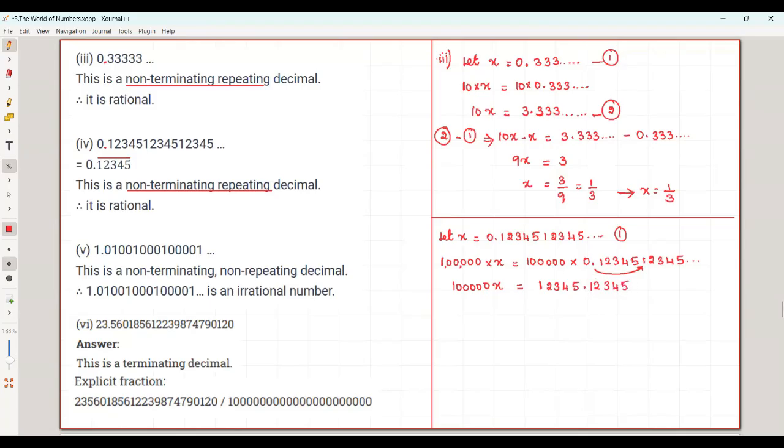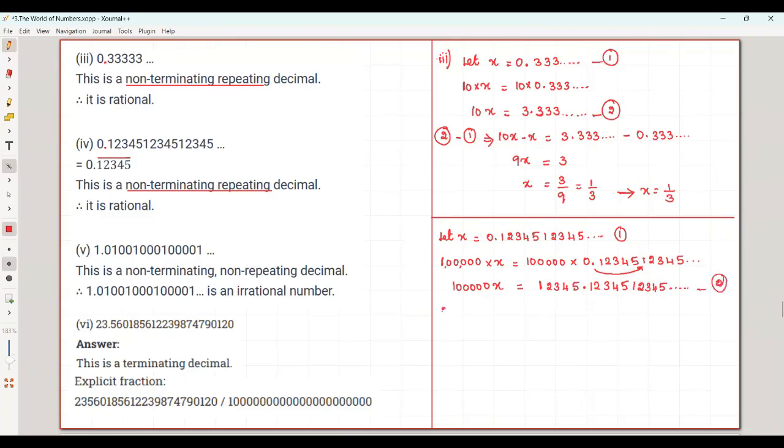As I said, after the decimal point we should have an equal number of decimal parts. Here I have 5 decimal places, but in the equation after the decimal point I have 10. So I can take one more repeating term, once again 1, 2, 3, 4, 5. Dot dot means you can extend as many times as you want. Now this second one we take as the second equation.